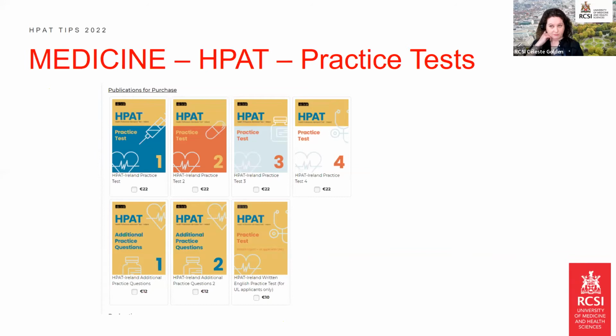And the thing about HPAT is, if you did a test one week and a second one the following week and a third one the following week, if you went back to the first one, you really wouldn't remember what the answers are. So you can repeat the tests and you can get better at them. You can become more familiar and you can work on your speed.